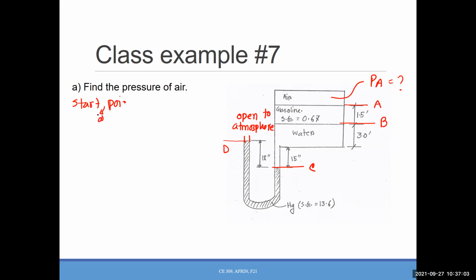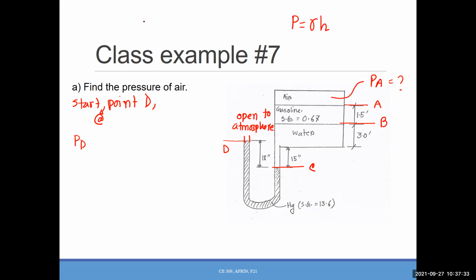Start at point D. So PD. Now you will work on these and you will give me the expression. What will be the expression for that? I'm just giving you something. Pressure variation is gamma H. Are you seeing the specific gravity here?